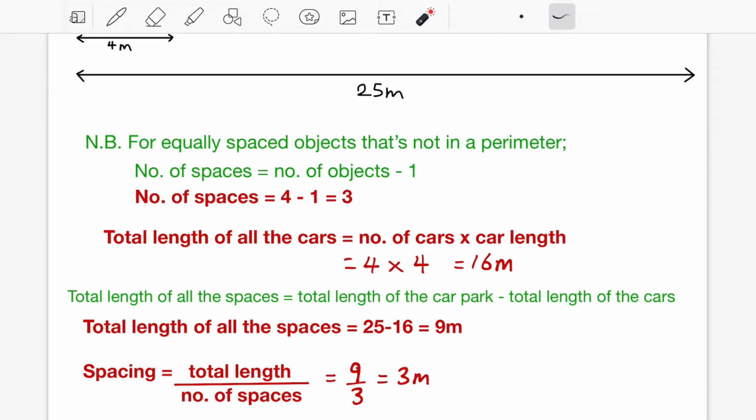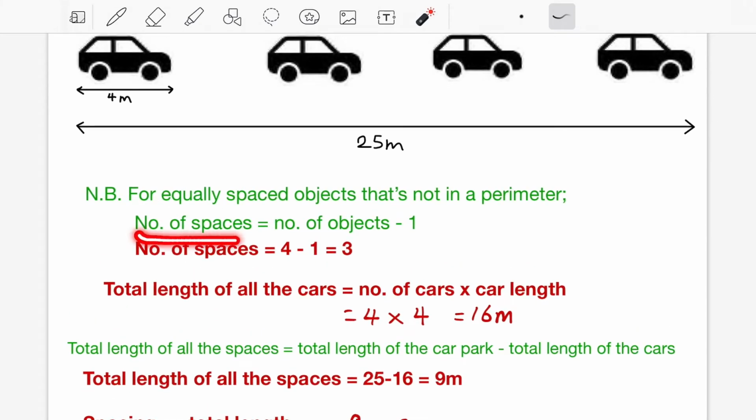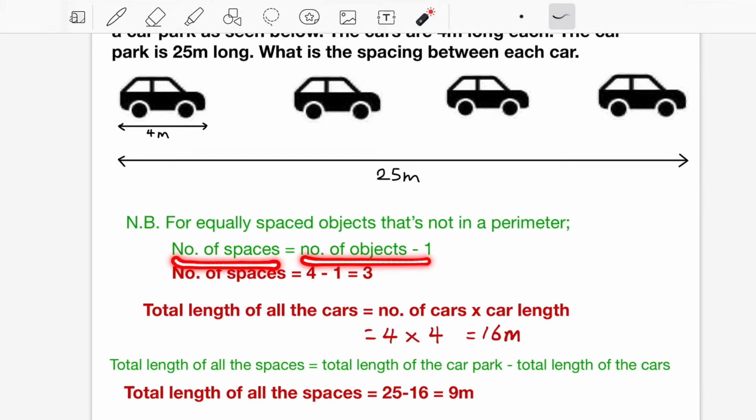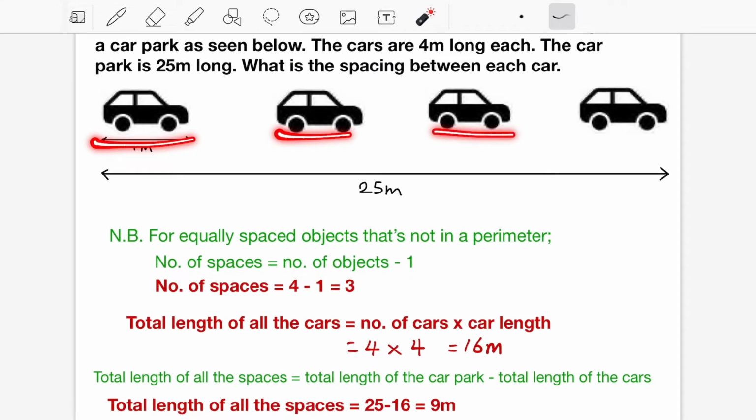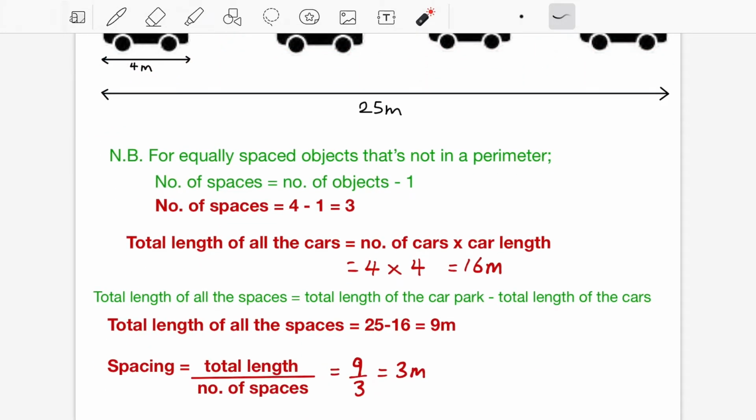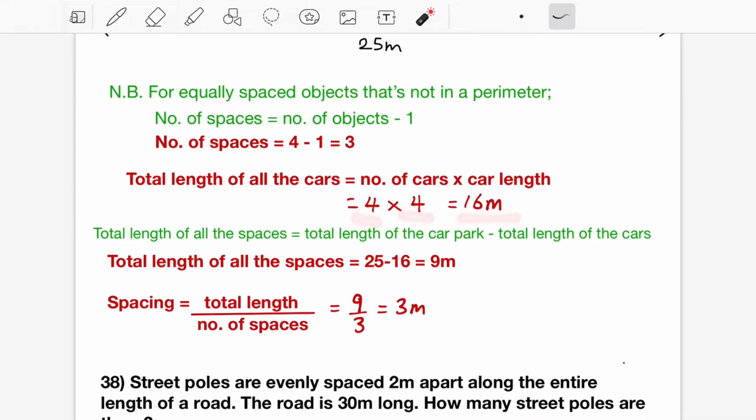So for equally spaced objects that's not in a perimeter, remember, the number of spaces is equal to the number of objects minus 1. So we know there are 4 objects, so there will be 3 spaces between them. 1, 2, 3. The total length of all the cars is equal to 4 meters for 1 car by 4 cars, 16 meters.